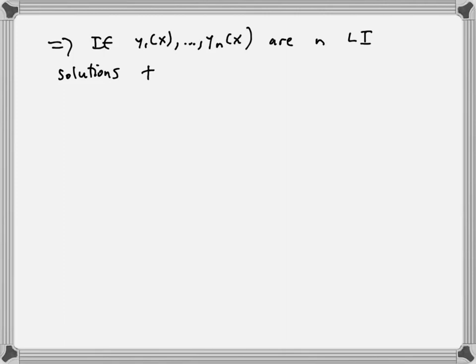So what does this theorem imply? This theorem implies that if y1 of x to yn of x are n linearly independent solutions to the differential equation Ly equals 0, they must form a basis, because remember, if you have n linearly independent things in an n-dimensional vector space, then they must also span, right?